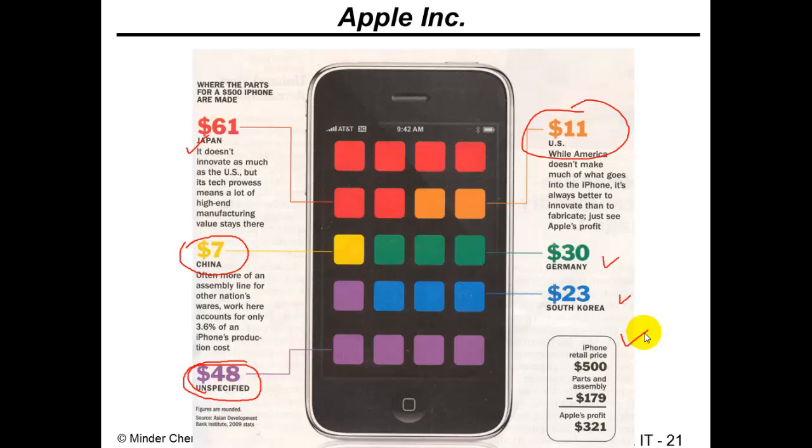But what's surprising is that the iPhone has a very high retail price. So if we deduct the parts and assembly costs, Apple actually has a very high profit margin, more than 50%. That means Apple's iPhone brings high profits, because it adds a lot of value through its marketing and its R&D.